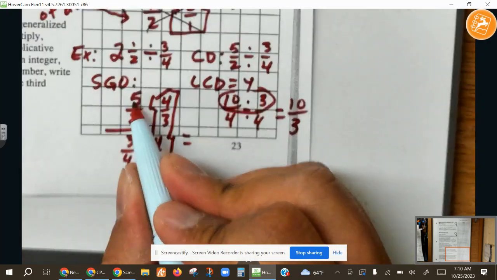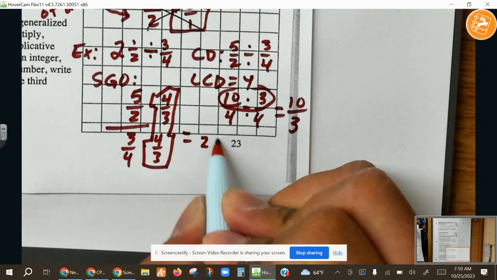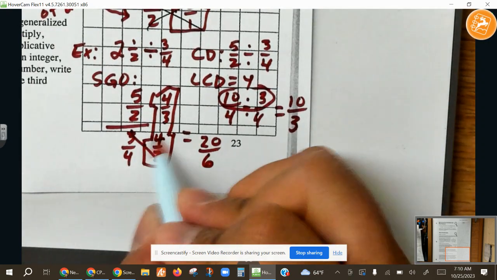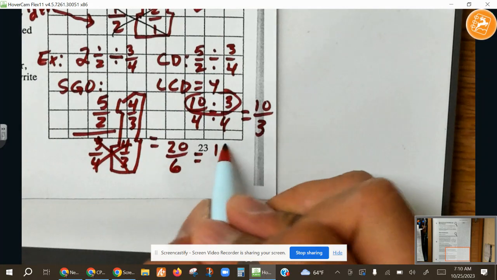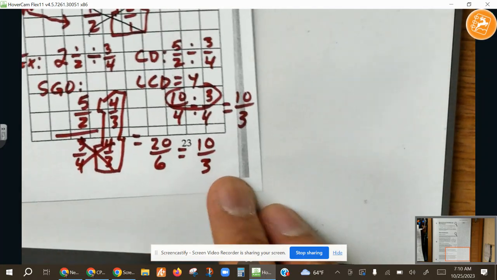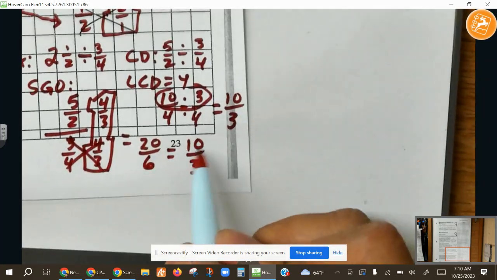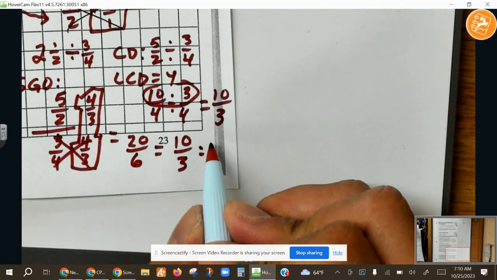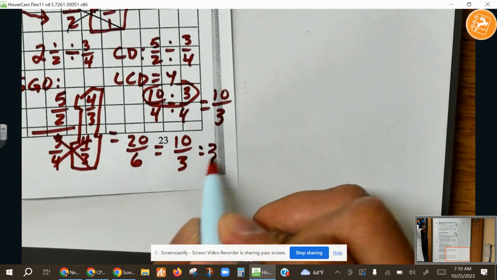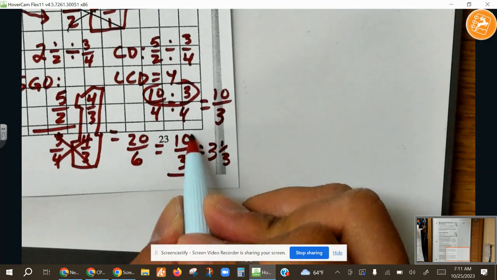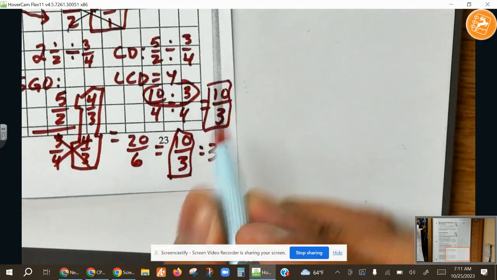And there we go. So that's 20 over 6. And 20 over 6 is equal to 10/3. Okay, if you wish to put this as a mixed number here, you can go ahead and put 3 1/3. But this is a perfectly good reduced fraction. You can leave it as it is.